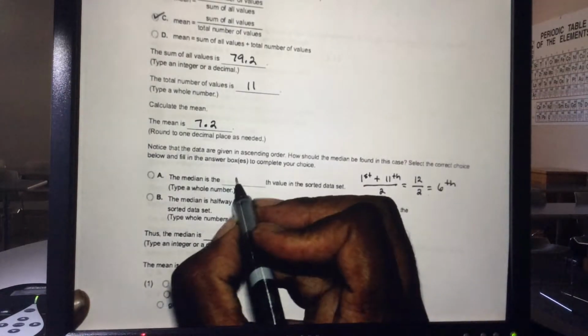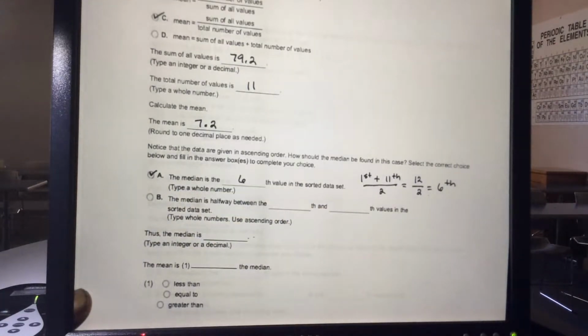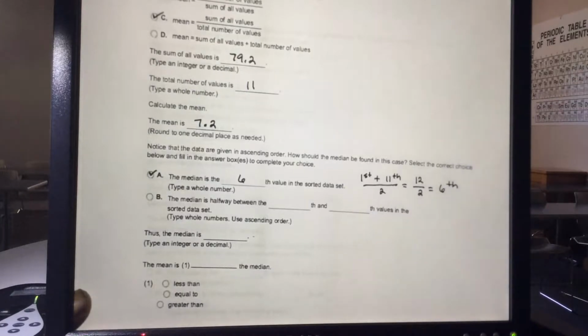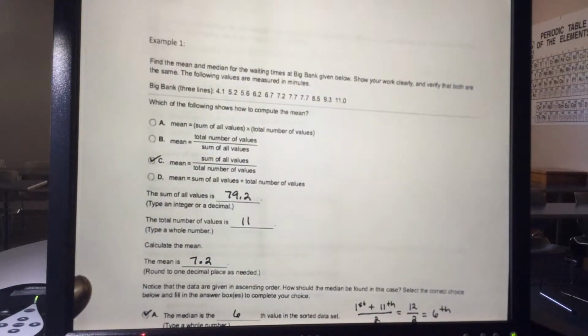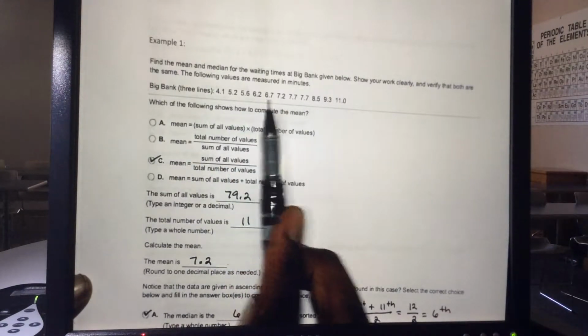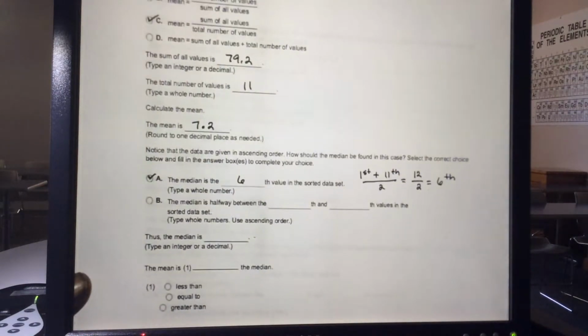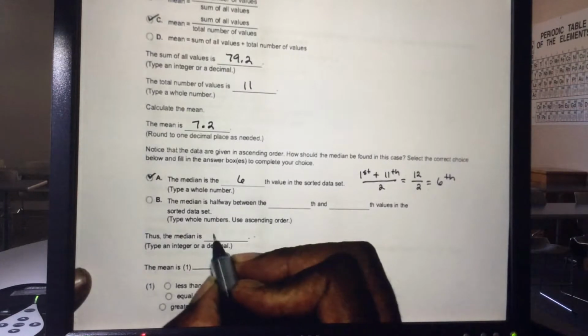So that means the median will be the 6th number in that data set. So to find the median, we count to the 6th number in that data set. So here I'm going to do 1, 2, 3, 4, 5, 6. There's your median, 7.2. So the median there is 7.2.